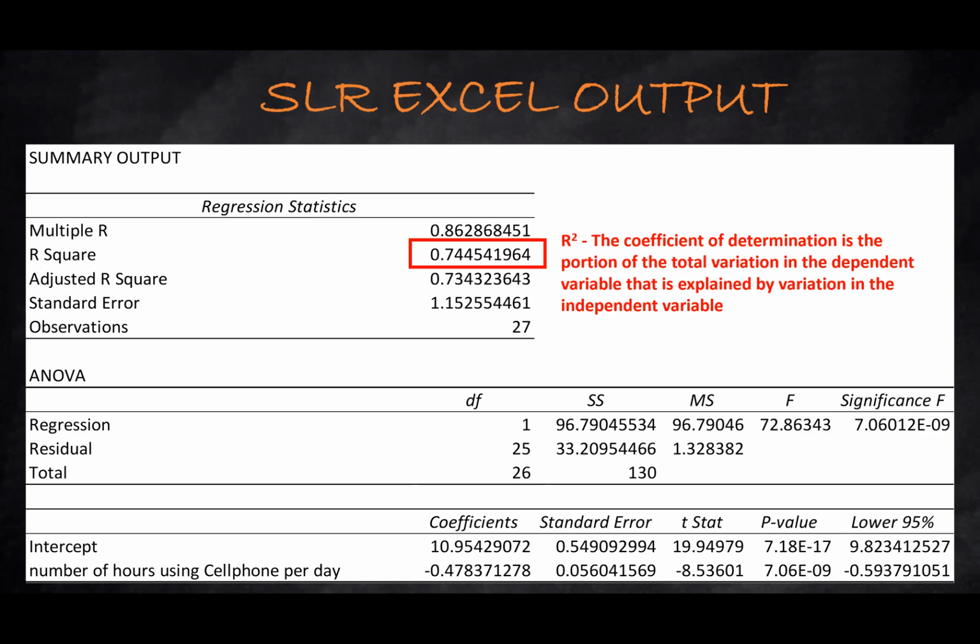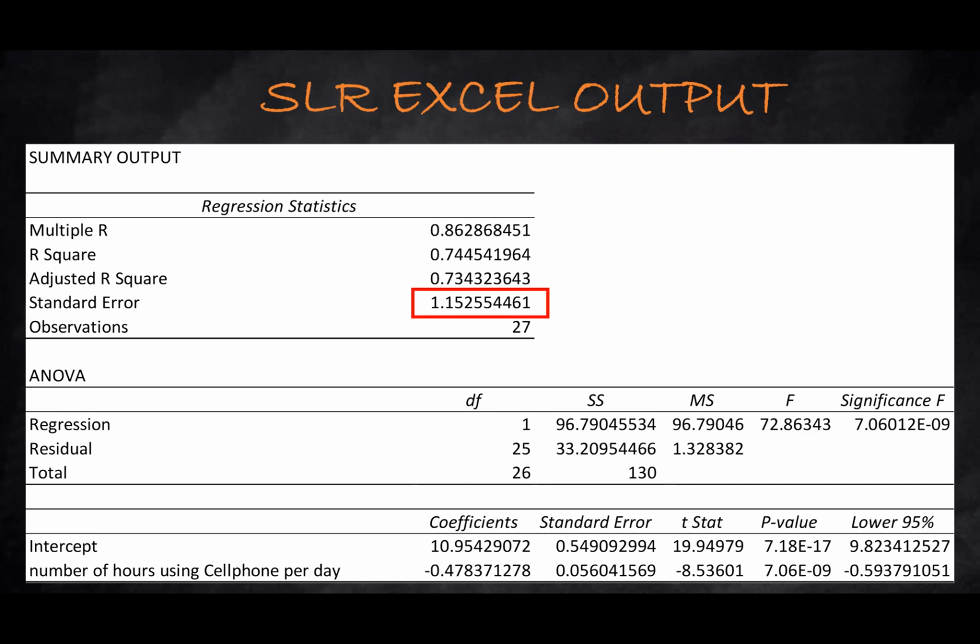So in this case, we have about 74.45% of the variation in the dependent variable that is explained by the variation in the independent variable. We can calculate R squared using the ANOVA components, the SSR over the SST.